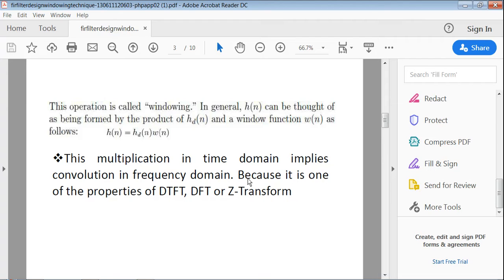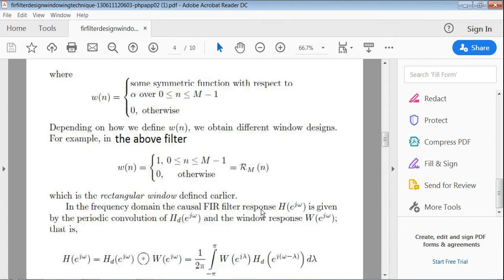This multiplication in time domain is convolution in frequency domain. You know that multiplication in time domain is nothing but convolution in frequency domain, because it is one of the properties of the discrete time Fourier transform, DFT or Z transform.